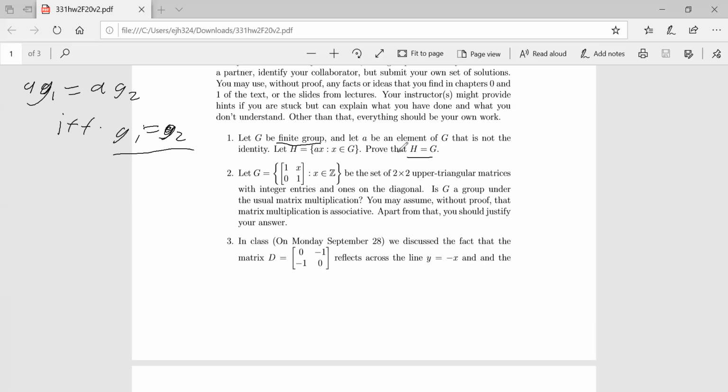Do you want me to, is that enough, or do you want me to actually go through and prove this? We have a few more minutes, so I'm fine with either that or trying to provide the intuition for another problem.